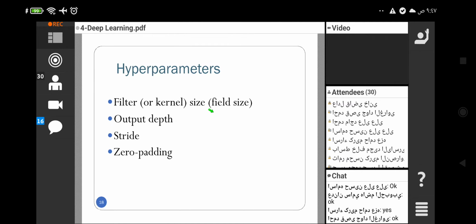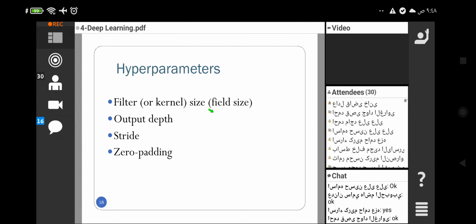So we learned that in the convolution layer we have some neurons. The neurons in the convolution layer are the kernels, and the numbers inside the kernels are learned. When we are doing the convolution operation, we have an output.